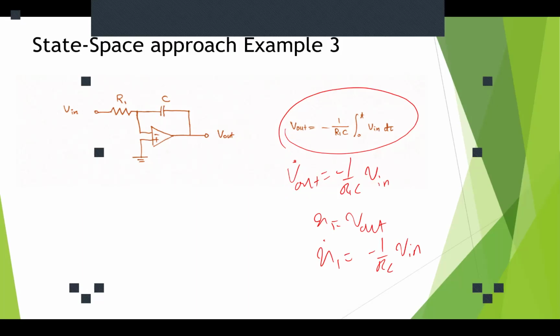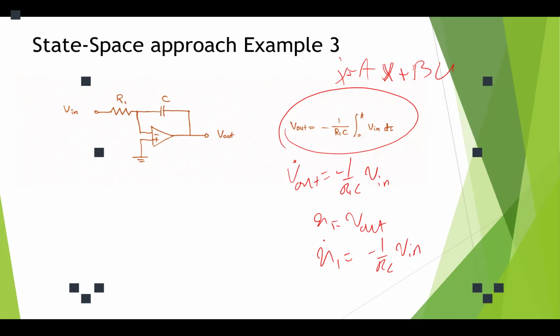If you want to describe it based on x dot equals Ax plus Bu, what is V in? Yeah, it's our input. Correct? It's not in our system.